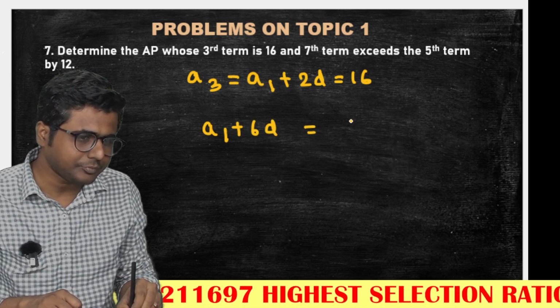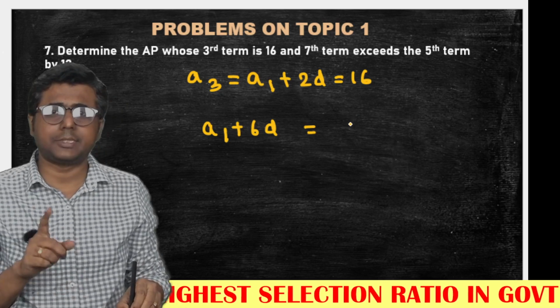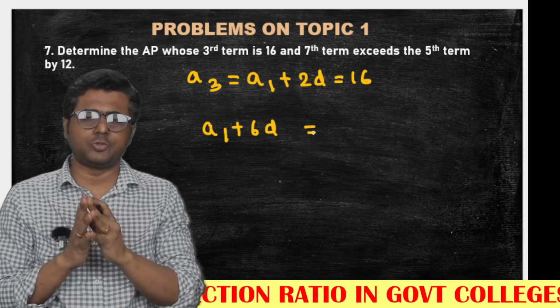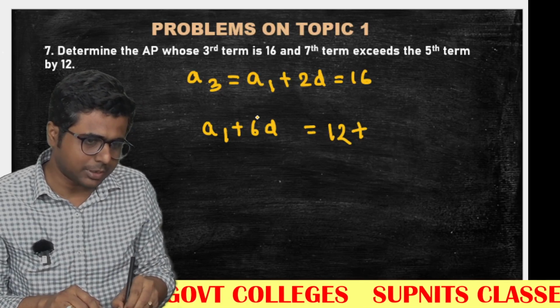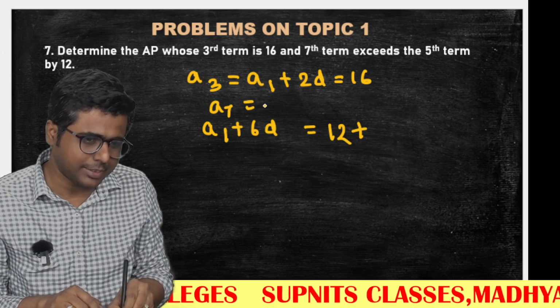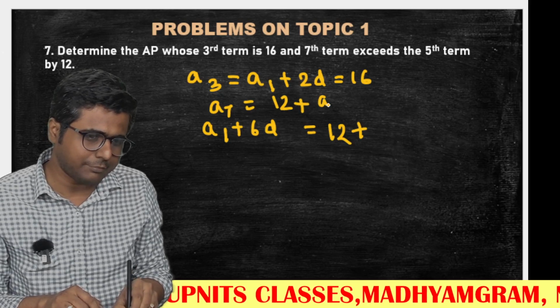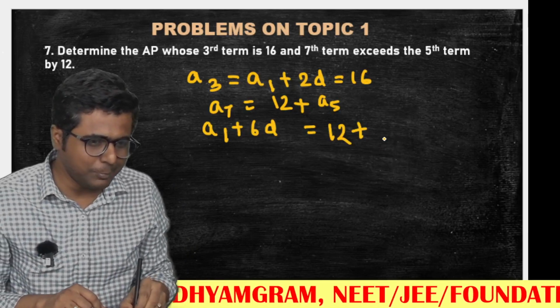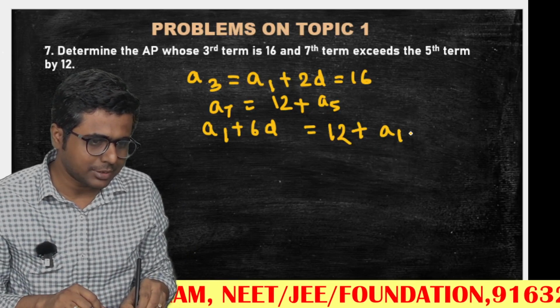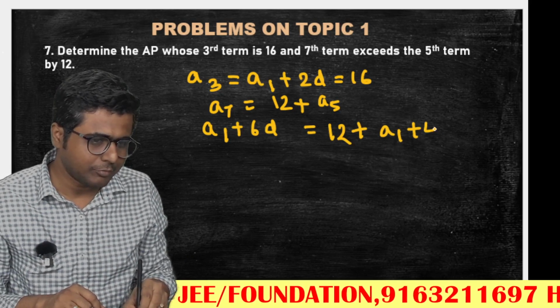Seventh term exceeds the fifth term by 12. That means the seventh term is 12 plus the fifth term. Basically A7 is 12 plus A5. That is what is given, and I am going to use that. So 12 plus A5, that is A1 plus 4D.